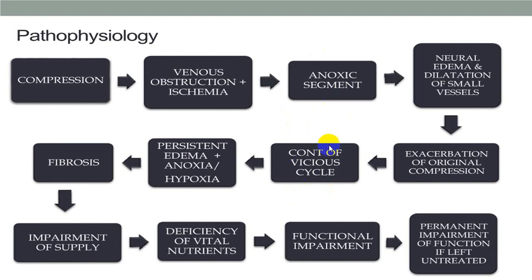It will become a vicious cycle: persistent edema, anoxia, hypoxia, replaced by fibrosis, impairment of the supply, deficiency of vital nutrients, functional impairment, and then it will end up in permanent impairment of the function if not treated early. This is a typical pathophysiology which will occur in any entrapment neuropathy.